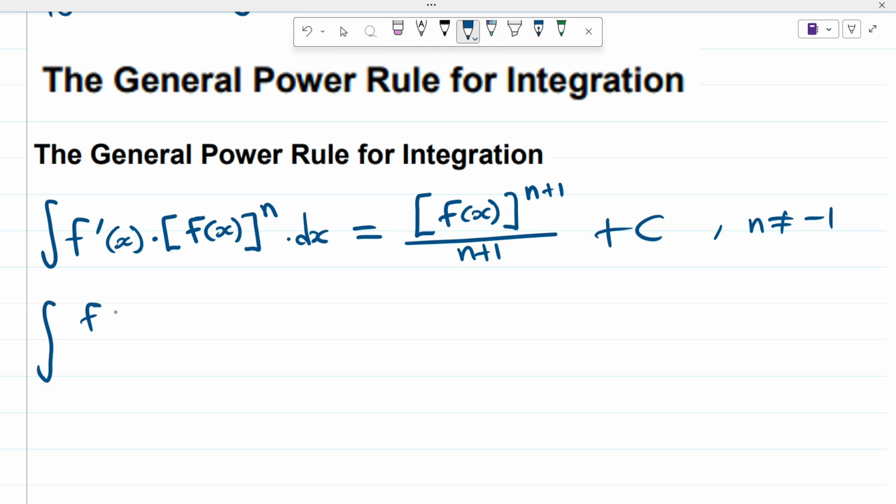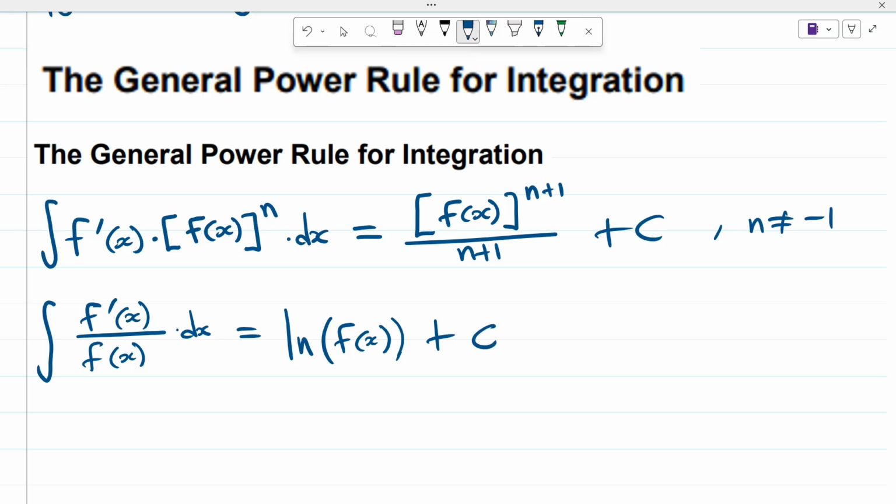So this means that your f prime of x divided by your f of x dx, and then the answer for this is just your natural log plus c, right? Plus c. So yeah, this is the rule.